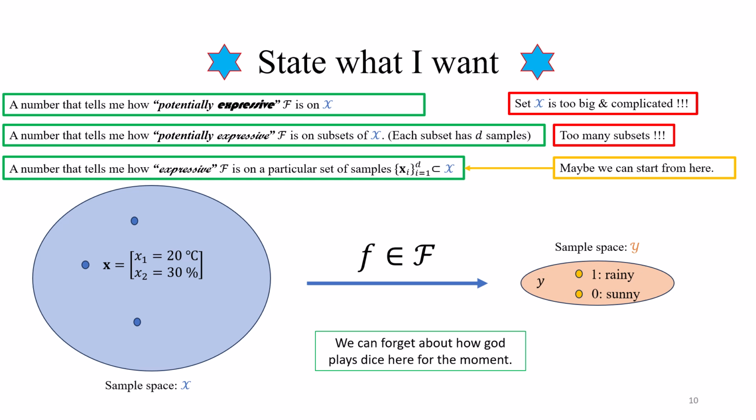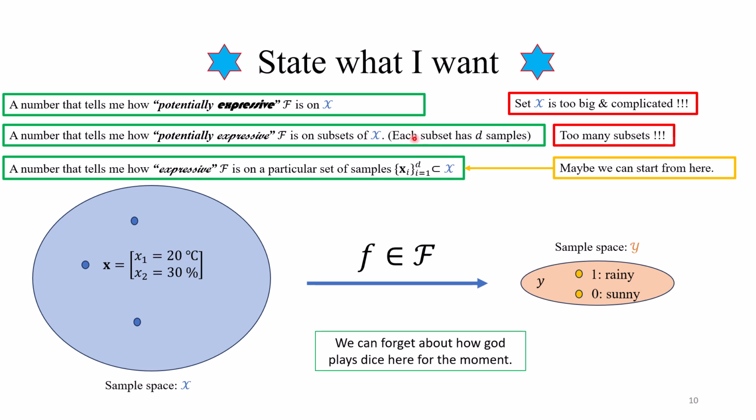So what do we want here? Ultimately, we want a number that tells us how potentially expressive F is on X. But the set X is just too big and too complicated. So let's first simplify the problem. Let's see if we can find a number that tells us how potentially expressive F is on subsets of X. Each subset has d samples.